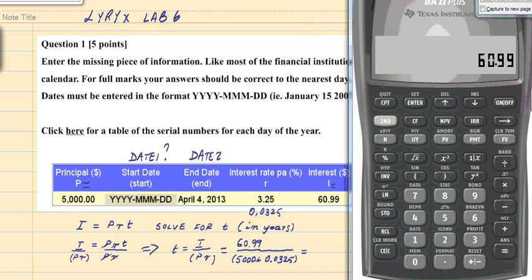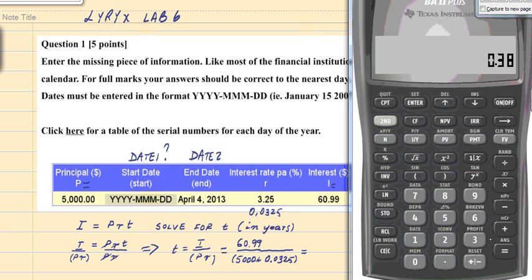60.99 divided by bracket 5,000 times 0.0325 bracket, equal.